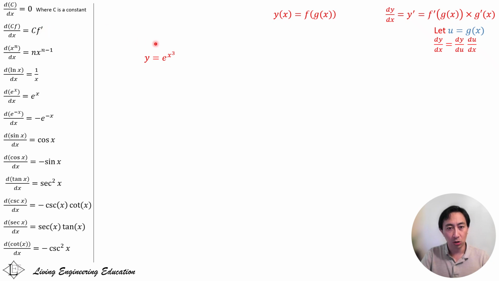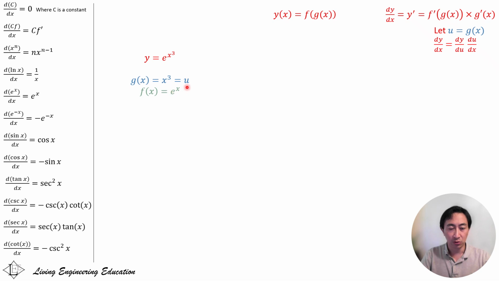Okay, so I see an x cubed. That's a good indication that this is going to be one of my polynomials, or one of my terms. That's going to be my inner function, because it's e to that function. And then e to x would be my outer function, my f term. Okay?